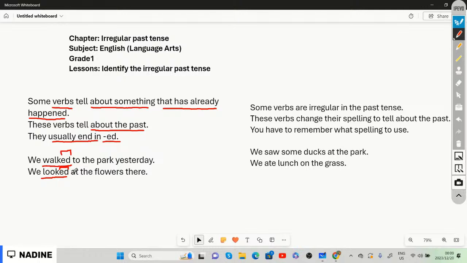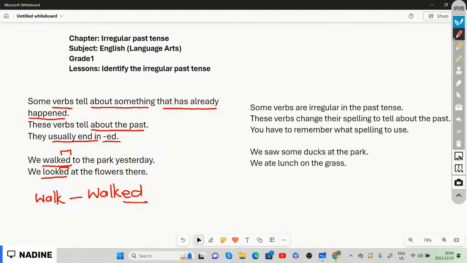If we look at those two words, the verb in the present tense of walked is walk. And in the past tense, as we can see, it is walked.